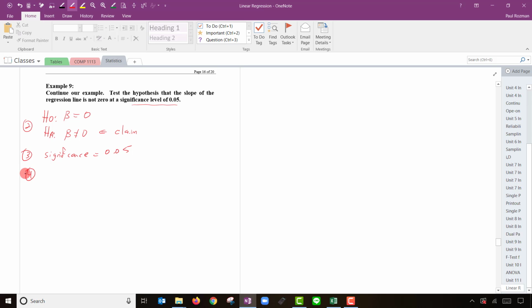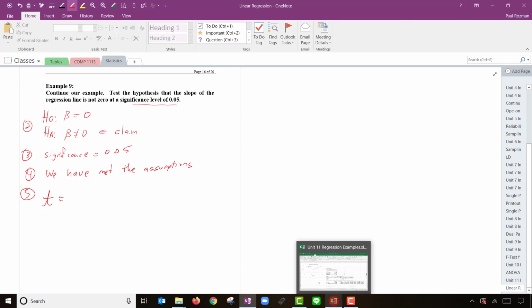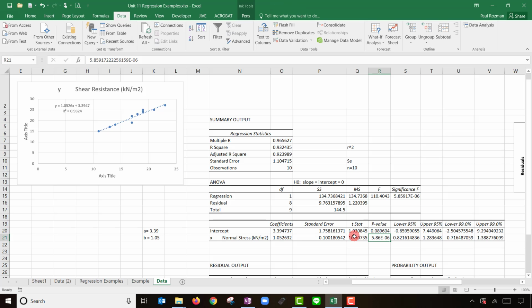Step 4, assume we've met the assumptions. That's the bivariate normal distribution issue. And then step 5, we calculate our test statistic, which is a t-score. I could grab it off of my Excel output. My test statistic is given right here.